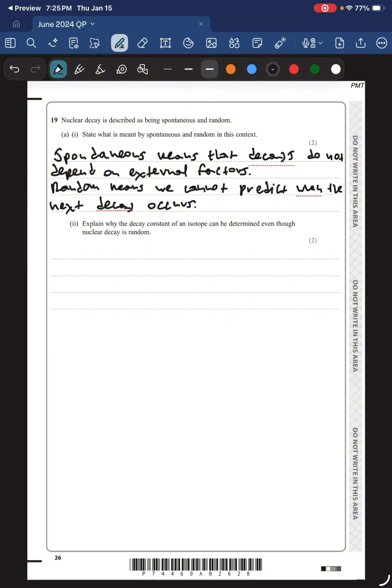All right, part 2. Explain why the decay constant of an isotope can be determined even though nuclear decay is random.